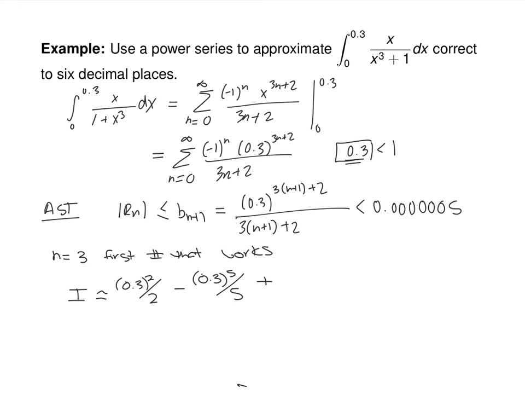Then we plug in 2, and we have 0.3 to the 8th over 8. And we plug in 3 now. Oops, and that should be a minus since we have flip-flopping happening.